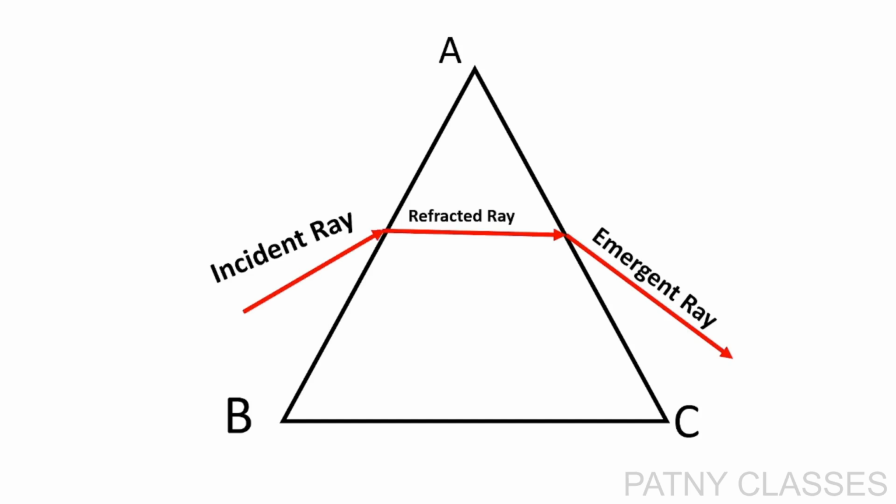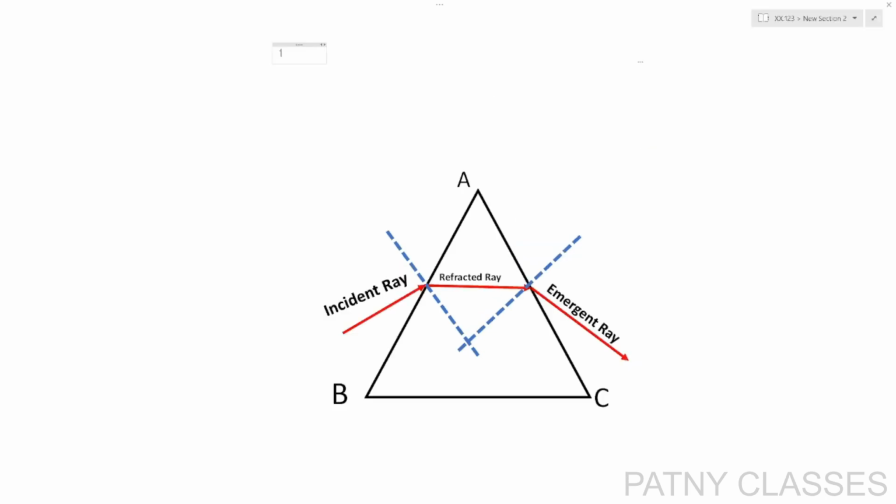Let us draw the normals at the point of incidence and at the point of emergence. Now extend the incident ray in the forward direction and extend the emergent ray in the backward direction like this.